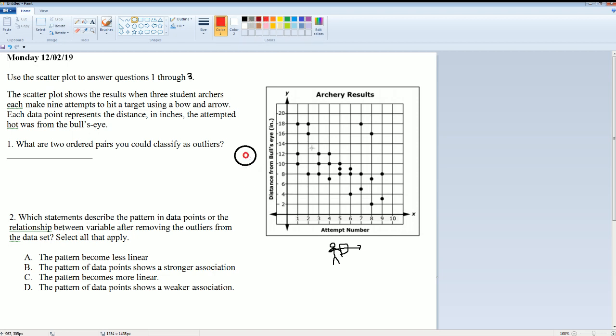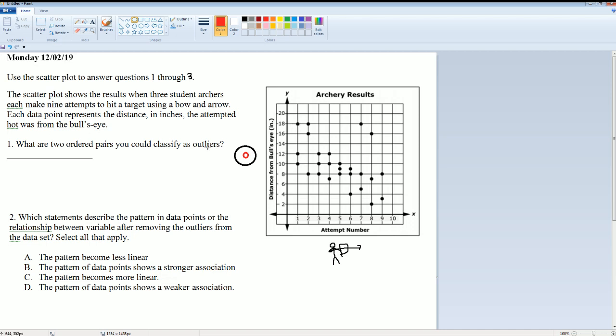And this is how close they are to the bullseye. Each data point here represents the distance of the attempt from the bullseye. So the first attempt, one person hit 10 feet away from the bullseye, another person hit 12 inches away, and another person hit 18.